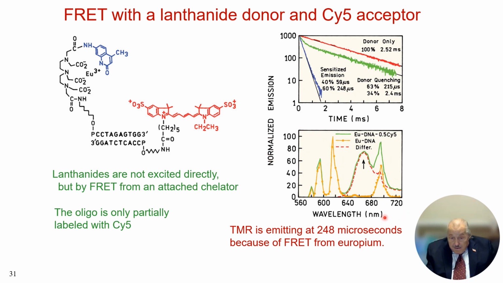But it's very interesting that if you look at the emission spectra, you might remember that the lanthanides are structured, and you look at the cyanine 5 emission, you find out that it has this enormous lifetime of 240 microseconds, which is ridiculous because we know all of these fluorophores have nanosecond decay times. But this has happened because the acceptor is being excited continuously from the donor, so it appears to have this long lifetime.